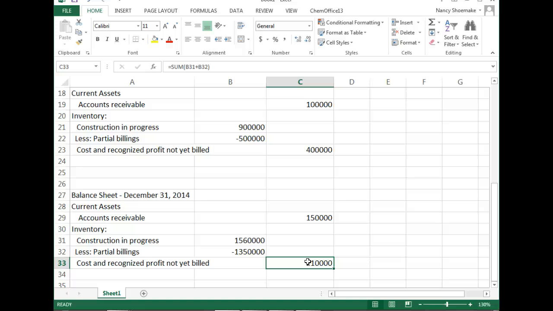Okay? Quick question. How come we're using the revenue numbers for construction in process instead of the expense? What we're doing here is trying to match construction in process less partial billings.